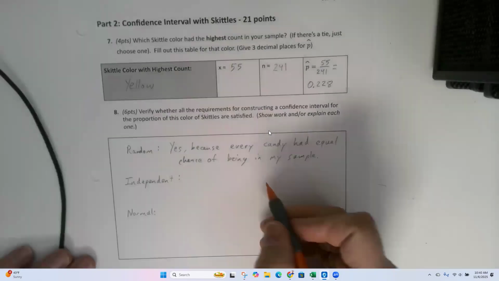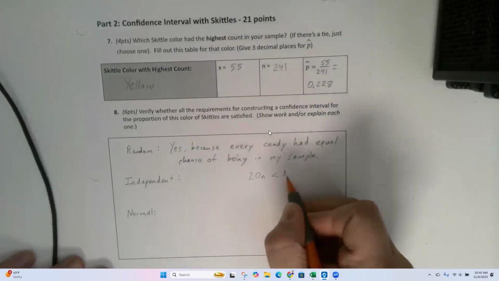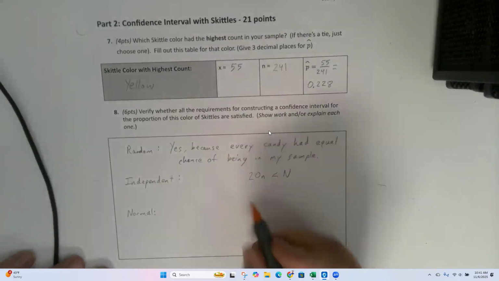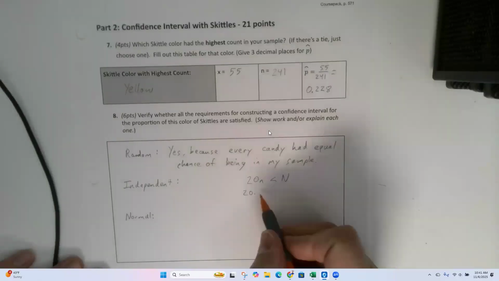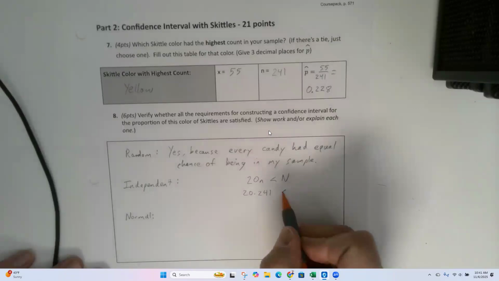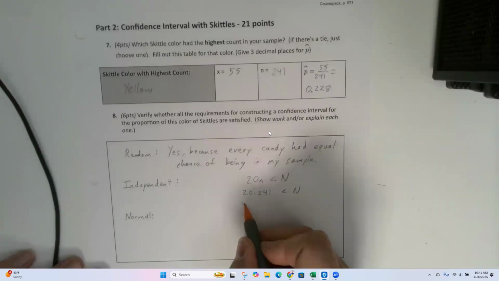Independent. For independent, we need to check that 20n is less than capital N. So 20 times your sample size. Mine was 241, so I have 4,820.